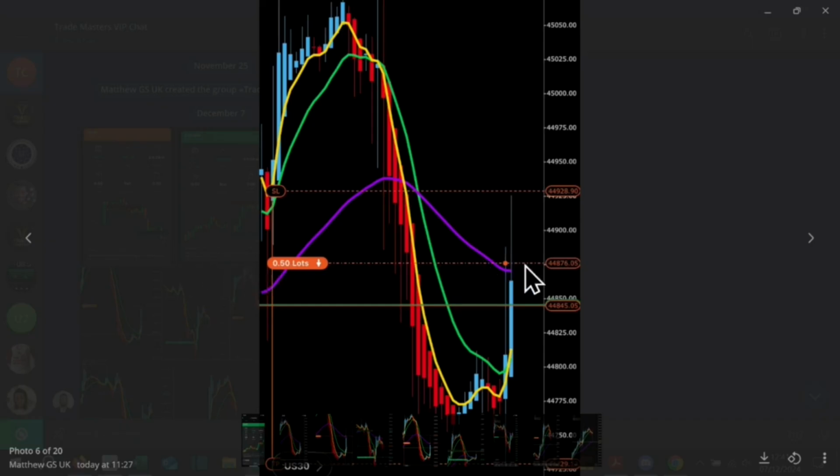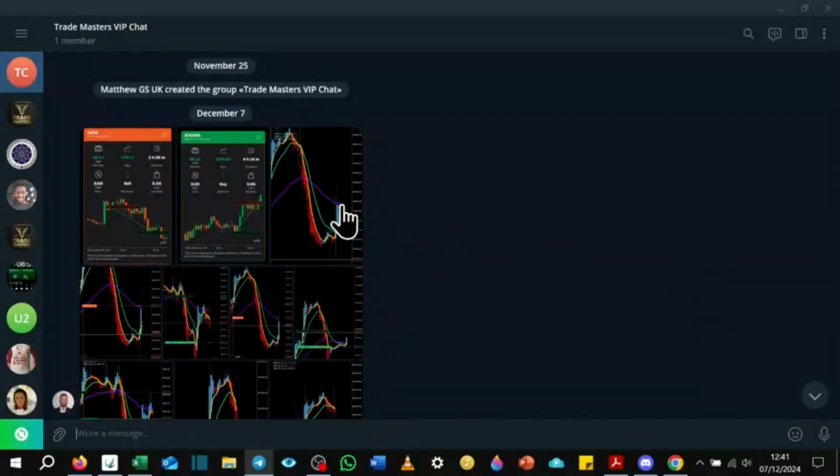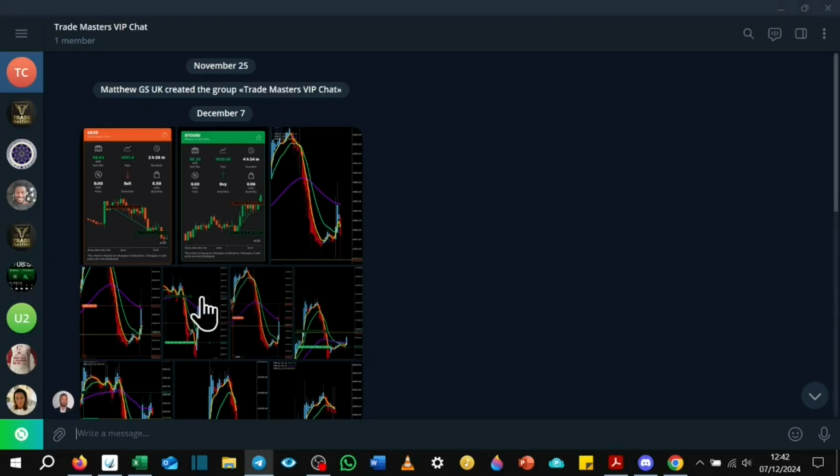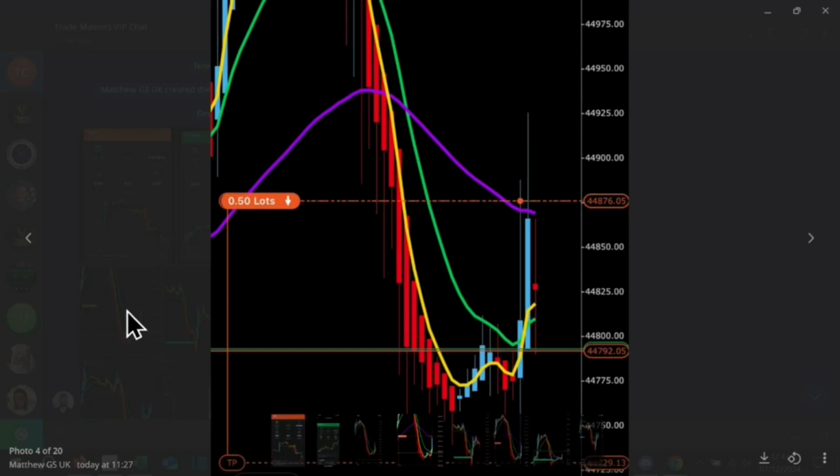So sold there, stop loss was there, take profit was where I showed you, and unfortunately it's showing these down here, but take profit was slammed. You can see that it's taken me out of the trade because down here it says TP. That's where my TP was.